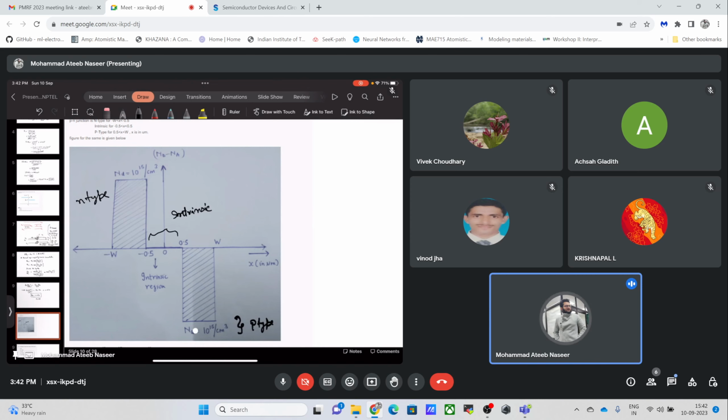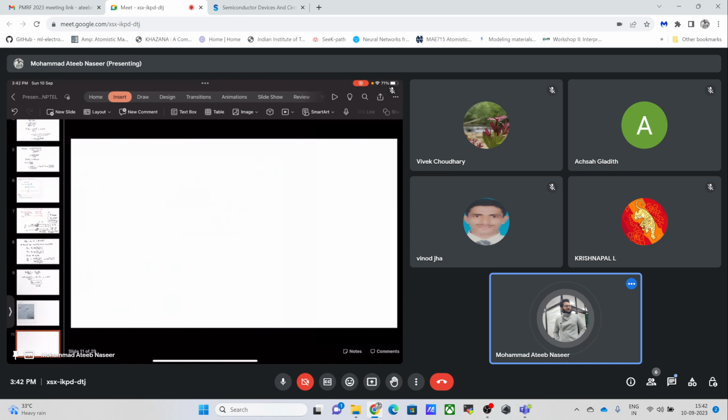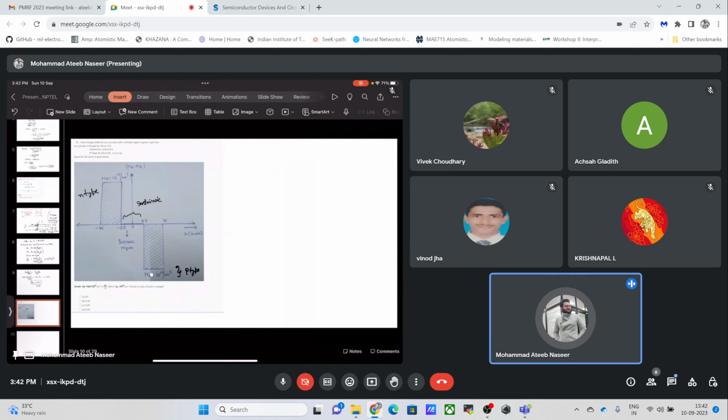Now if we insert the intrinsic slice and try to draw its energy band diagram, let me clarify again: whenever you have to deal with p-n junctions, you should draw the energy band diagram first, in order to have insights about what is happening at the interface.